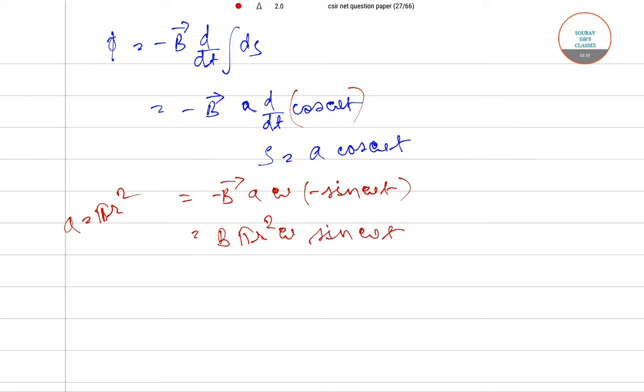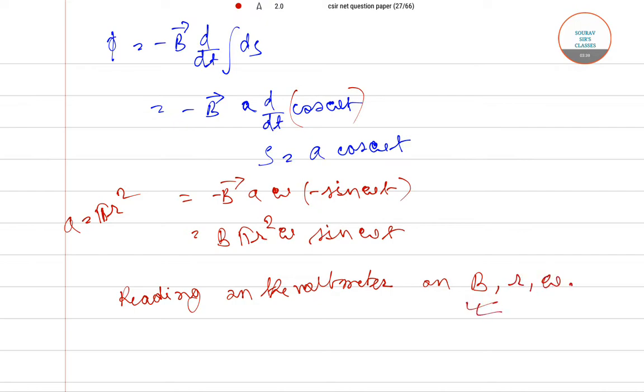So the reading on the voltmeter depends on B, r and omega. B is the magnetic field, r is the radius and omega is the angular velocity.